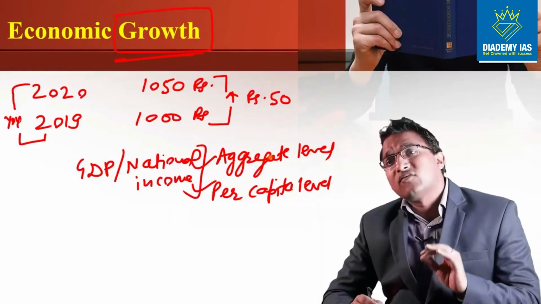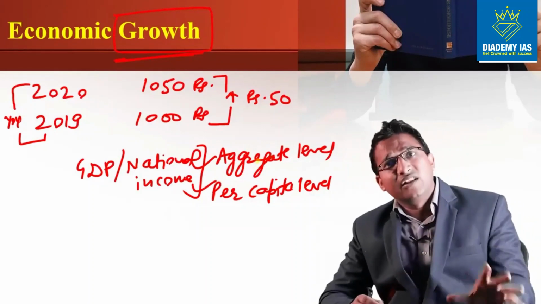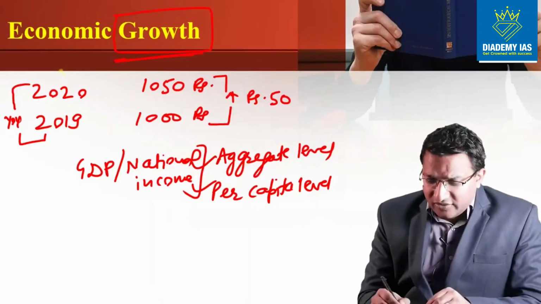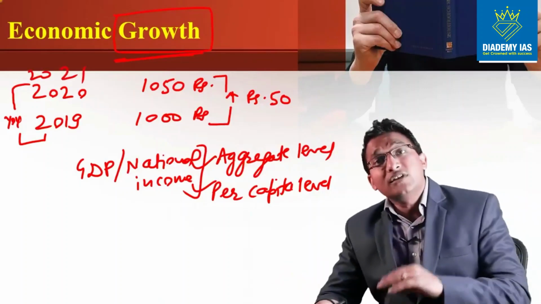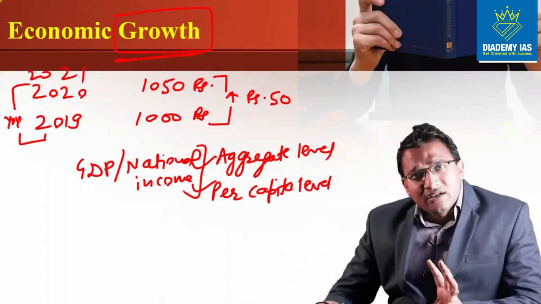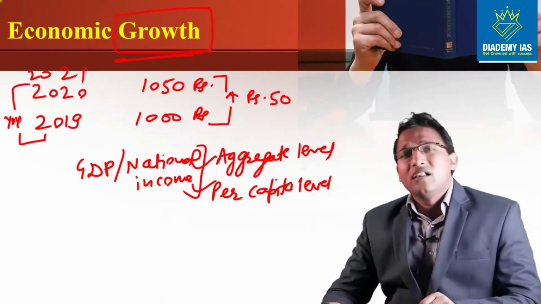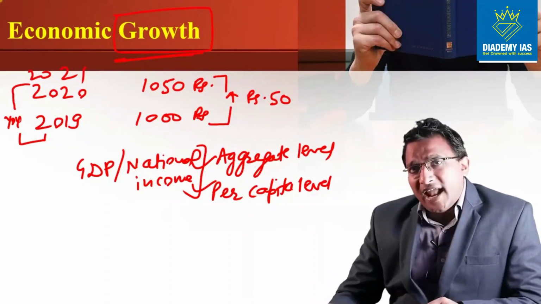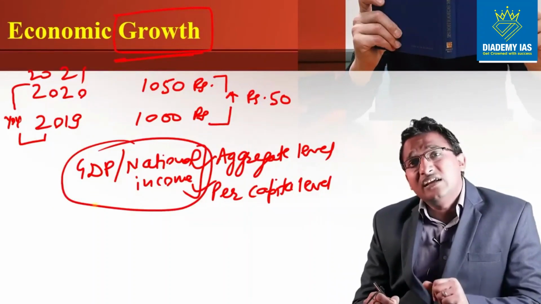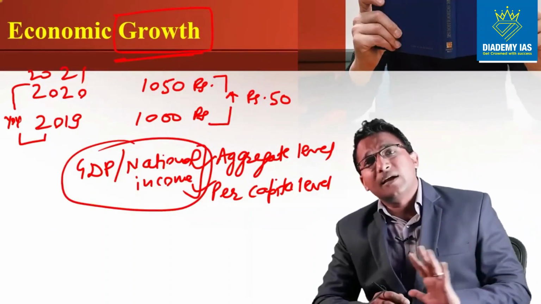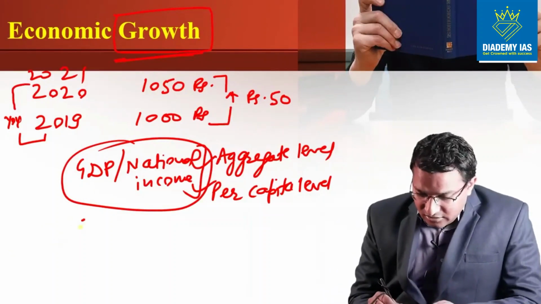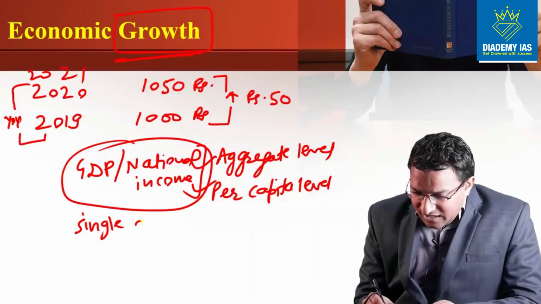But we are comparing the figure of 2019 with 2020, and the figure of 2020 with 2021, and so on. So this comparison happens over the years, right? And can we see that there is only one variable being compared here, and that is GDP or national income? So economic growth is focusing upon the income part. It is single dimensional, right?